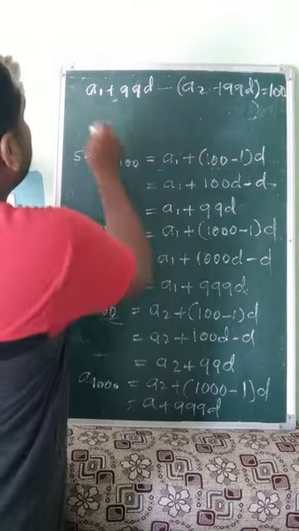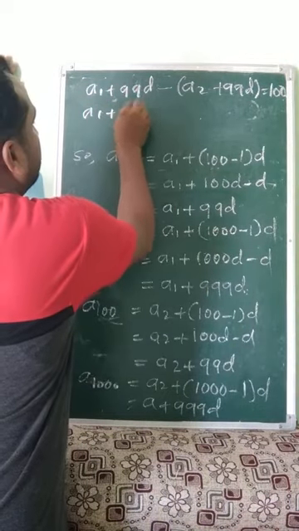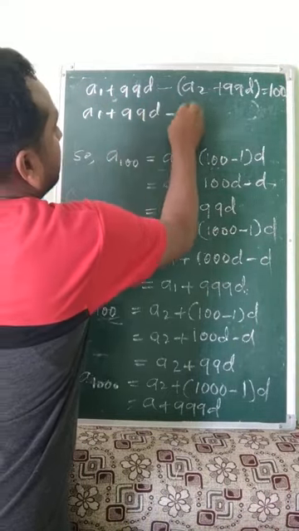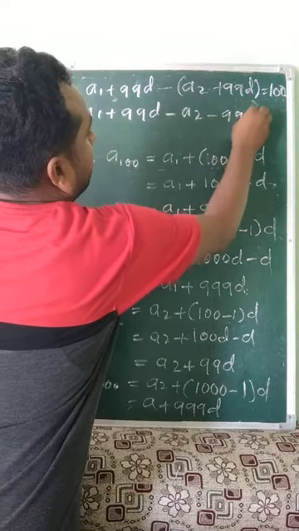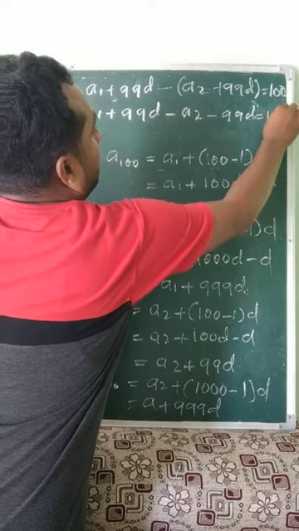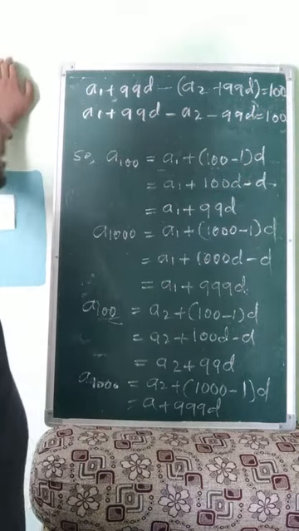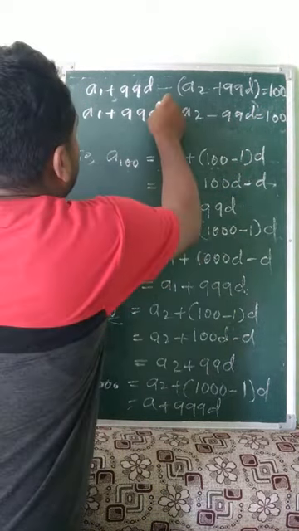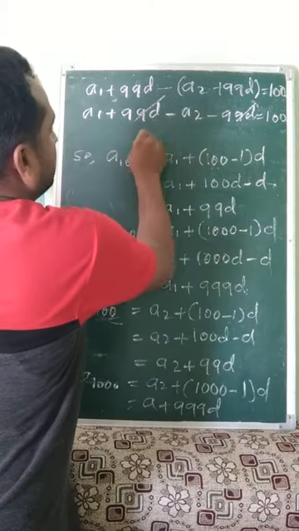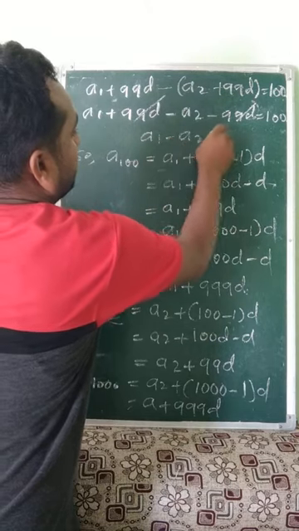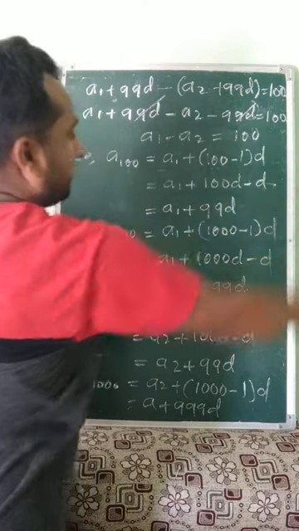Now see the next, open the bracket: A1 plus 99D minus (A2 plus 99D) is equal to 100. Isn't it? Then 99D minus 99D gets cancelled. What is the remaining here? A1 minus A2 is equal to 100. Correct.